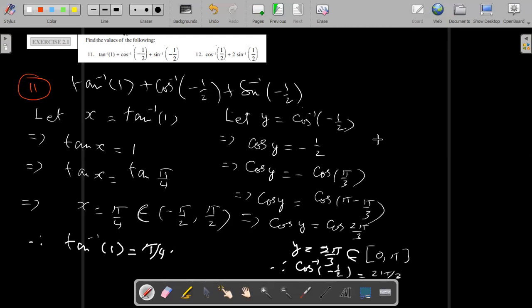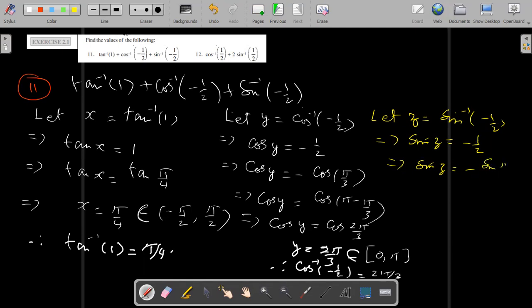Similarly, find out sine inverse and then substitute the values. So for sine inverse, let z is equal to sine inverse minus 1 by 2. Therefore, sine z is equal to minus 1 by 2, and that is minus sine 30 degree, pi by 6.